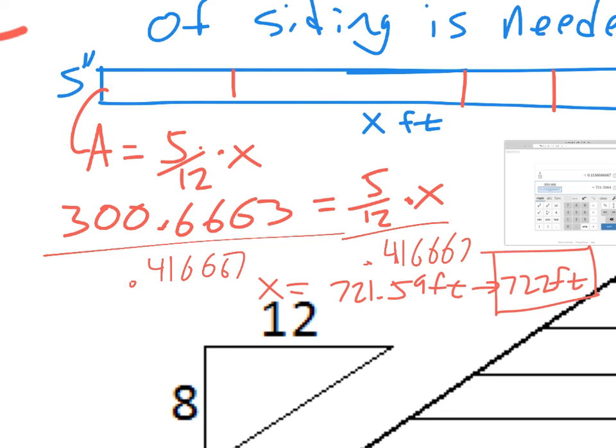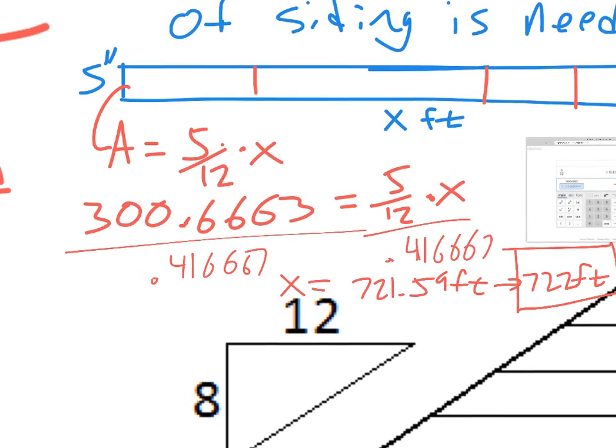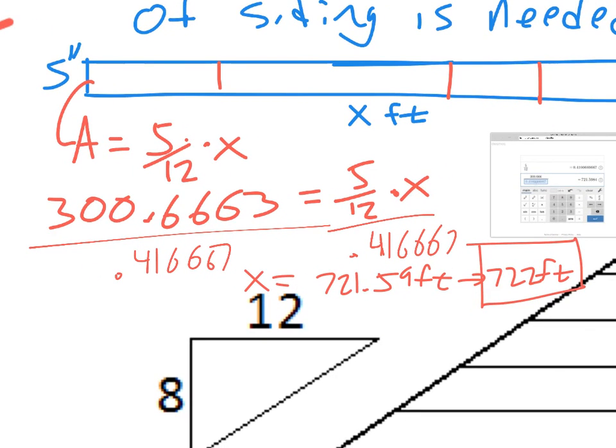So no matter what length of boards we get, if we get 12-foot boards, 16-foot boards, or 20-foot boards sometimes, we need a total of 722 feet in length. And then that would cover it. Again, we would need to order some extra for the little cutoffs, because when we do this, there'll be little pieces that we'll lose. But 722 feet gives us a good idea of the length we need.